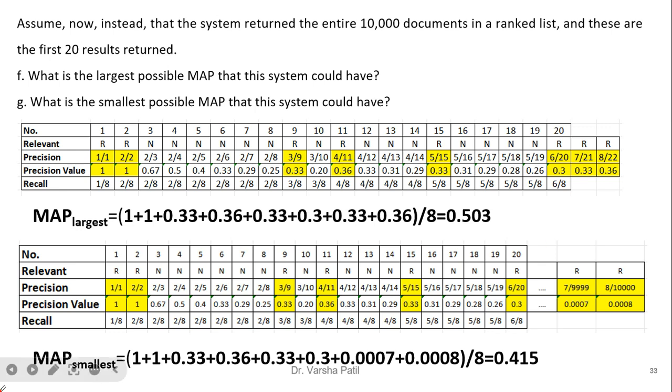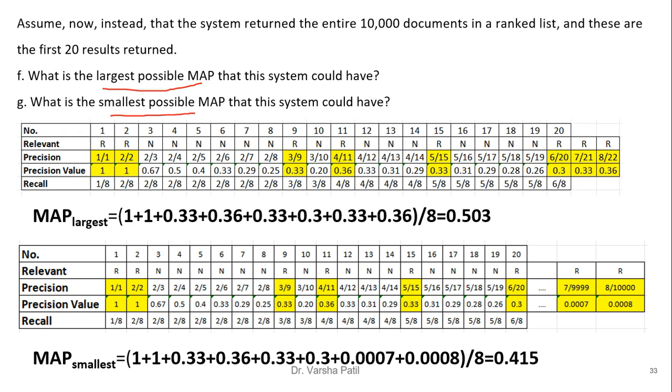Now for the next subtopic question, you need to observe the problem carefully. Now instead the system returns the entire 10,000 documents in a ranked list, and these are the first 20 results written. What is the largest possible MAP the system could have, and what is the smallest possible MAP?